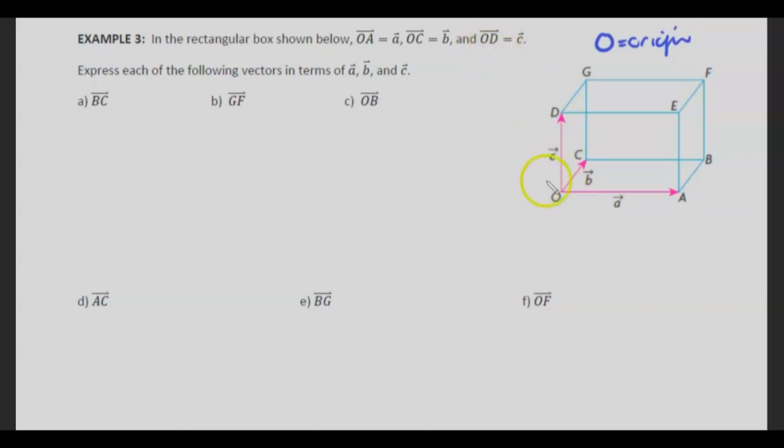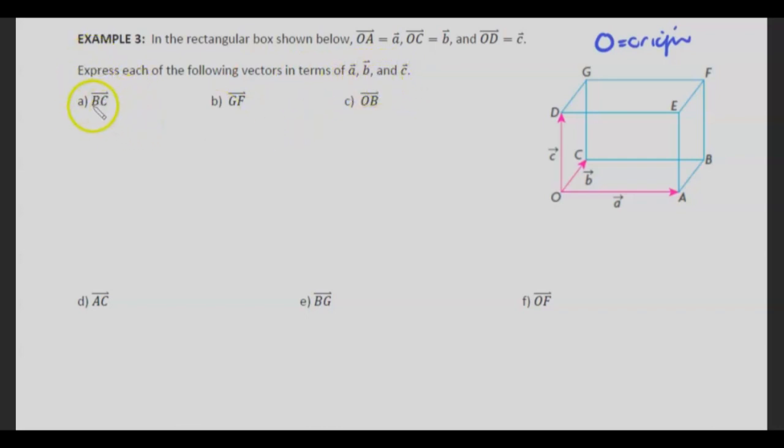So OD starts at the origin, and the arrow is pointing toward D. OC again starts at the origin, points towards C. So what we're going to do is express each of the following vectors in terms of A, B, and C.